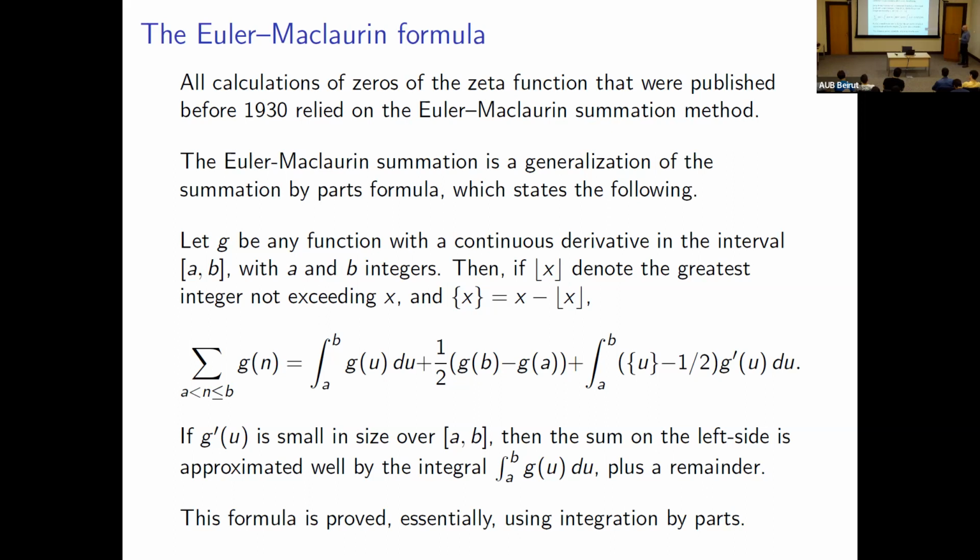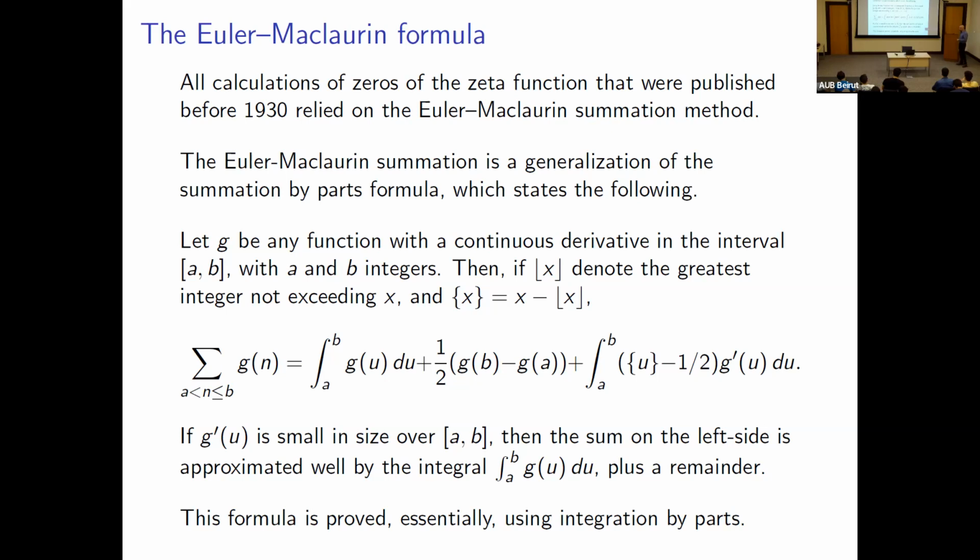So if you assume a and b are integers, you have this kind of approximation: the sum between a and b of g of n is given by an integral plus some boundary terms. These are boundary terms because these are the values of g right at the beginning and the end of the sum, plus some funny looking integral, which we're going to think about as a remainder term or a correction term.